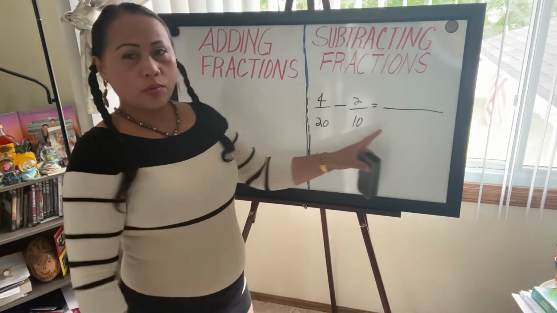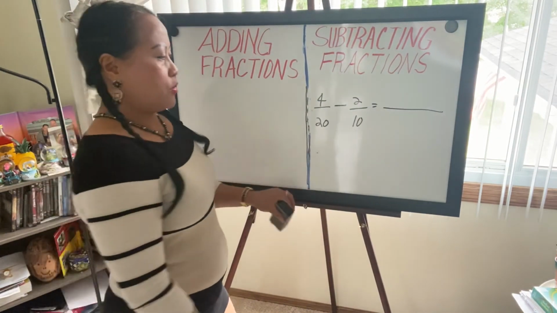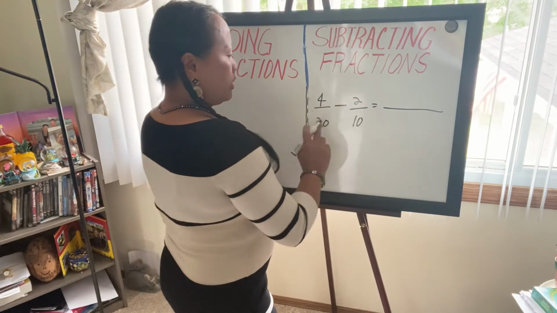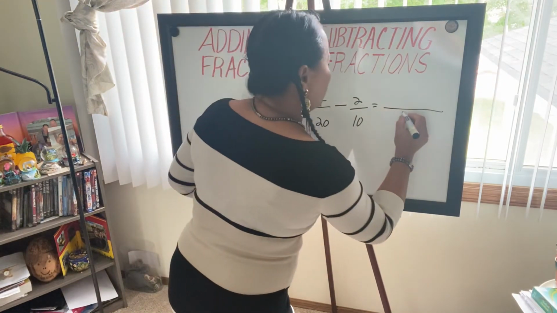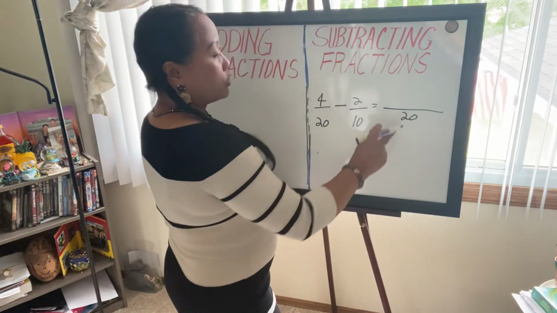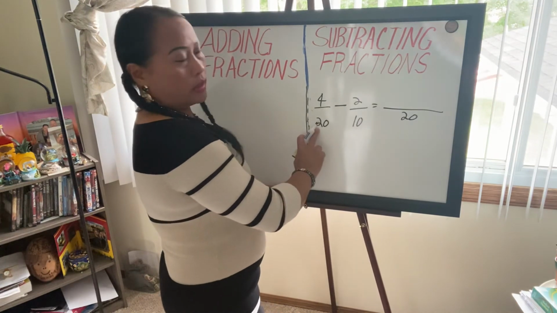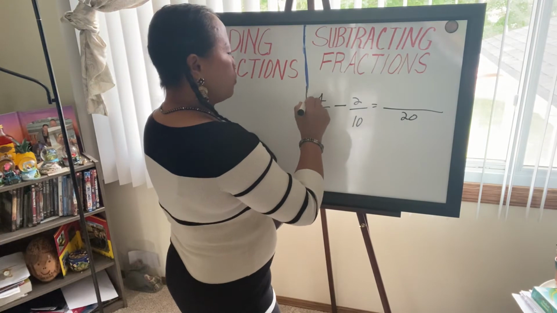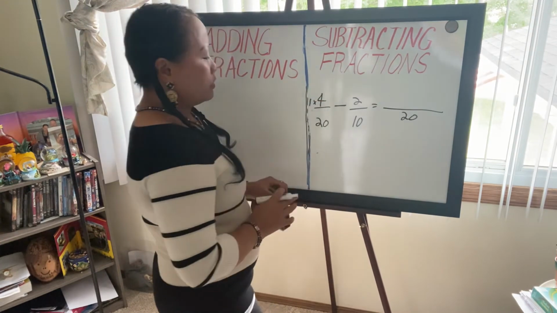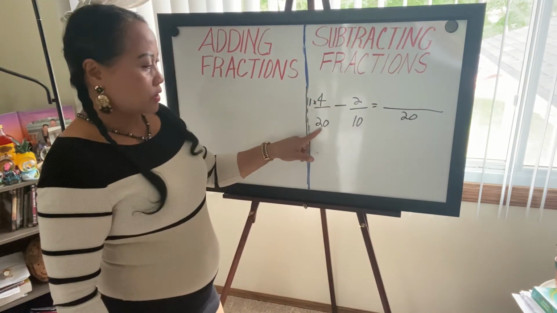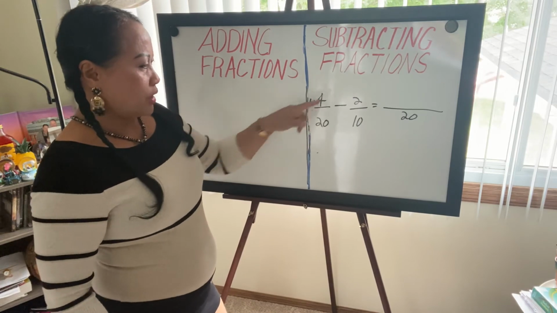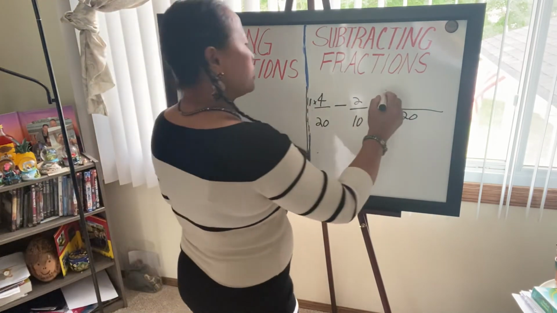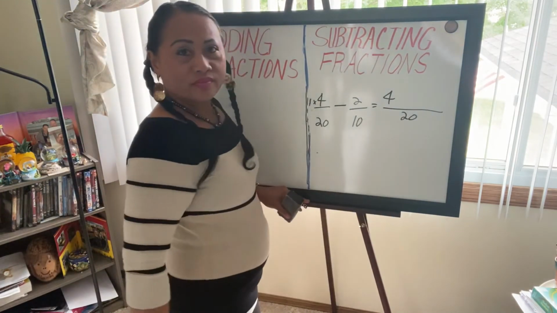So, common multiple. Okay, let's say 20. 20 by 20 equals 1. Then after that, 1 times 4. You multiply the result of this to the numerator. 1 times 4 equals 4.